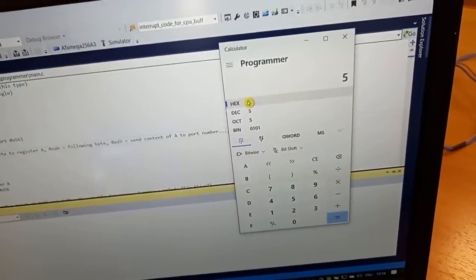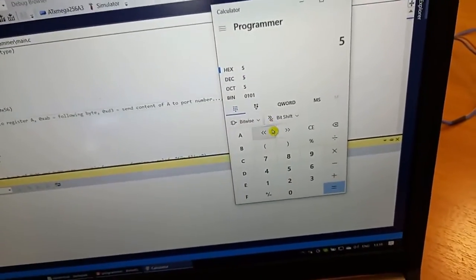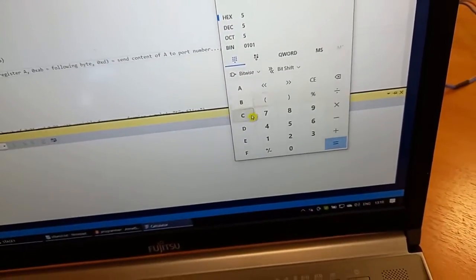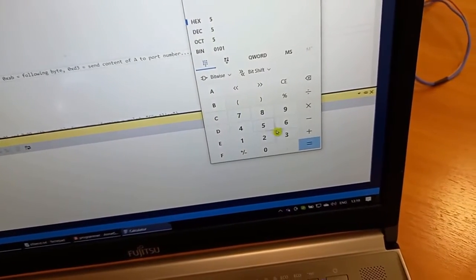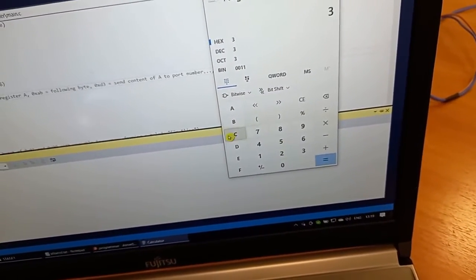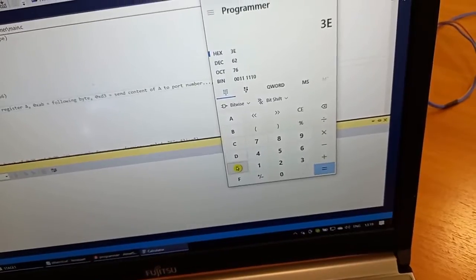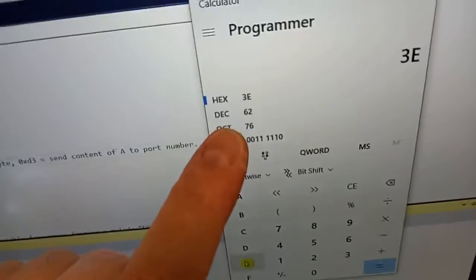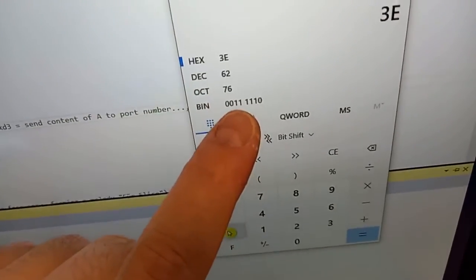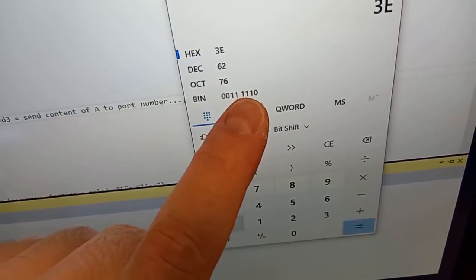Let's write the address 0, let it be 3E. Yeah, 3E looks like this. That's 00111110.